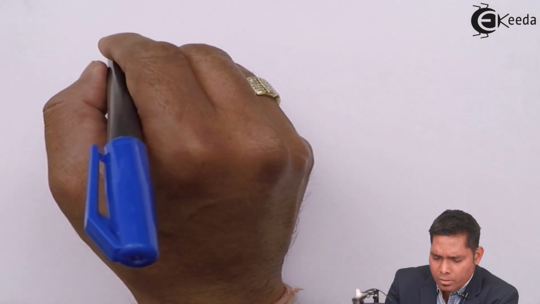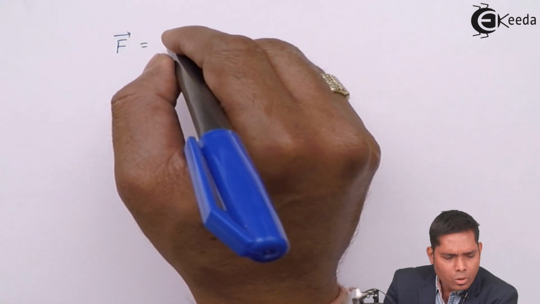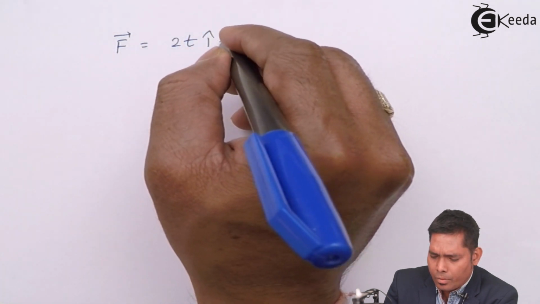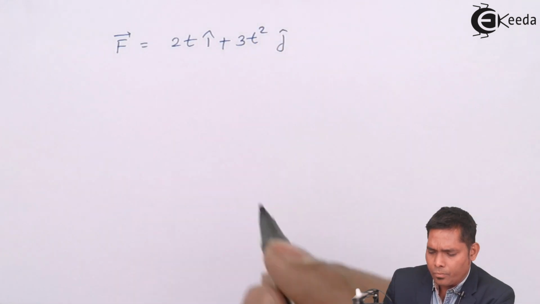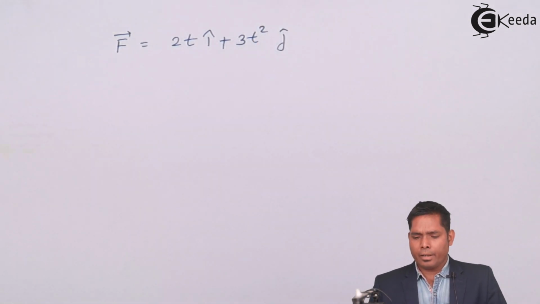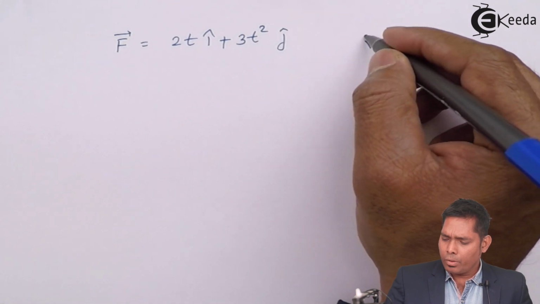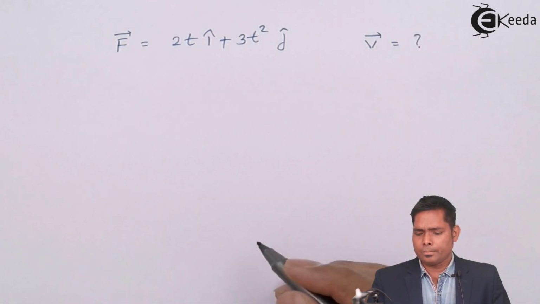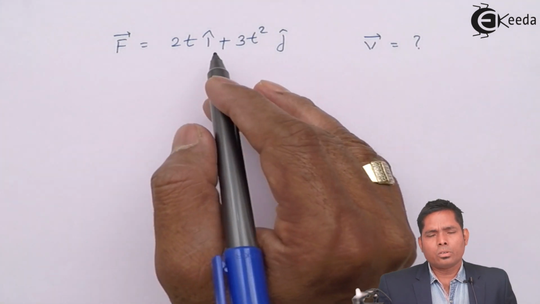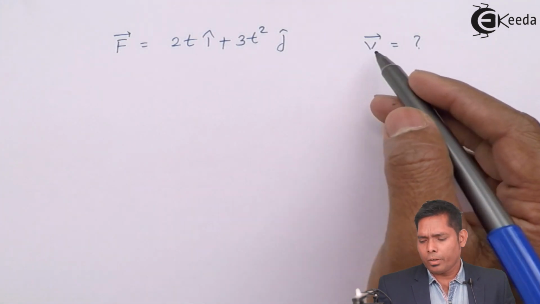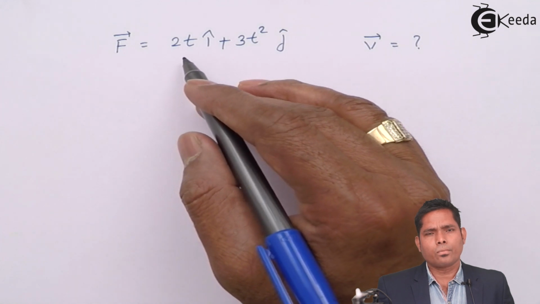The force was 2t i cap plus 3t square j cap. This was the force vector, and from this we want the velocity vector, because this is the only information given. So how to find velocity from force?